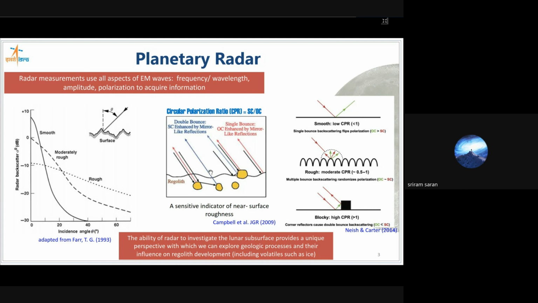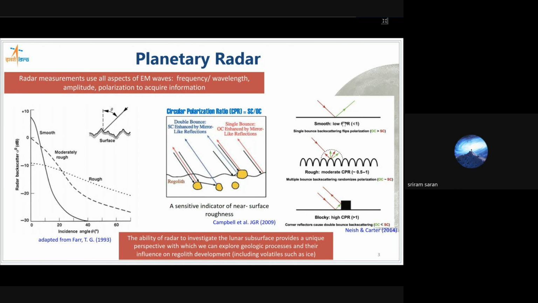And radar always sees a volume, so we cannot assume that it is just coming from the surface, but it typically sees 10 times the wavelength, but that depth is governed by the dielectric properties of the top surface. So CPR is a very sensitive indicator of the near surface roughness, and the figure on the extreme right shows the typical CPR values encountered from planetary surfaces.